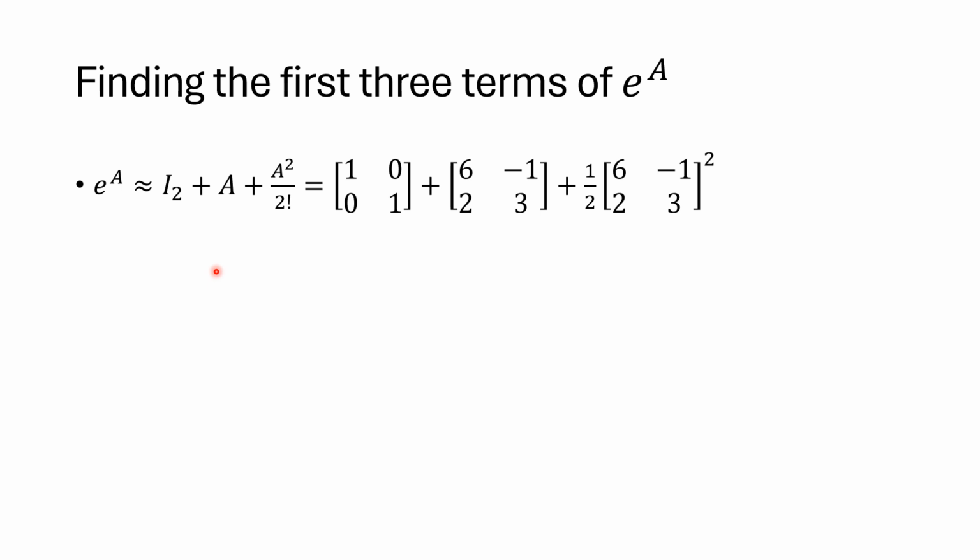So instead of 1, we just replaced it with the identity matrix. Now, this approximation evaluates to this matrix right here, right? So this is the first part of the problem. Pretty simple, nothing too fancy.